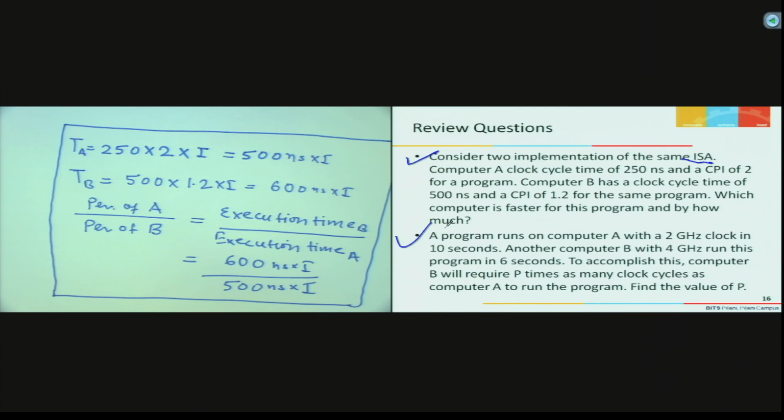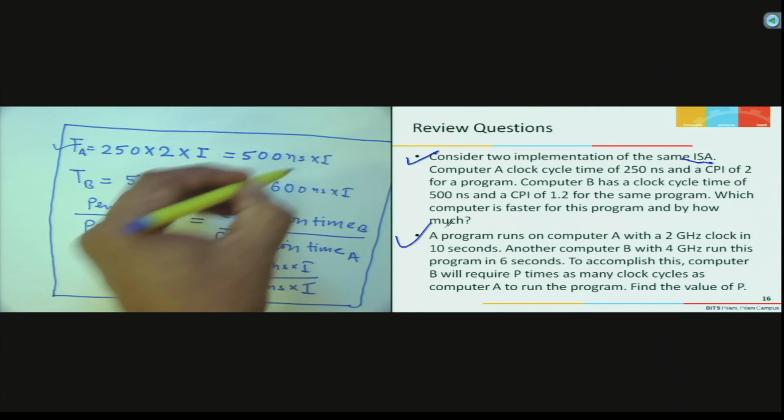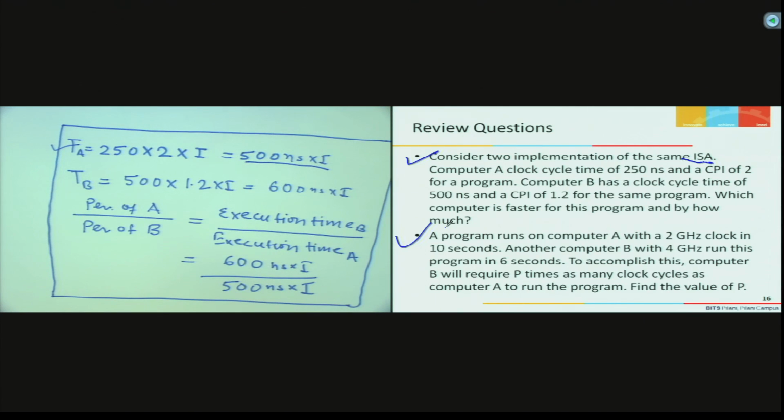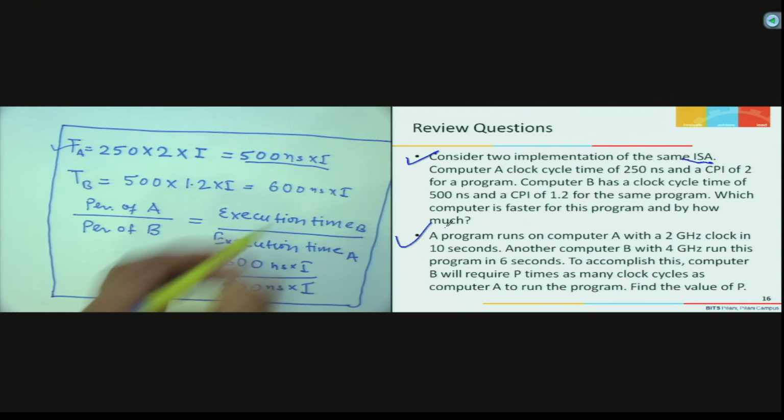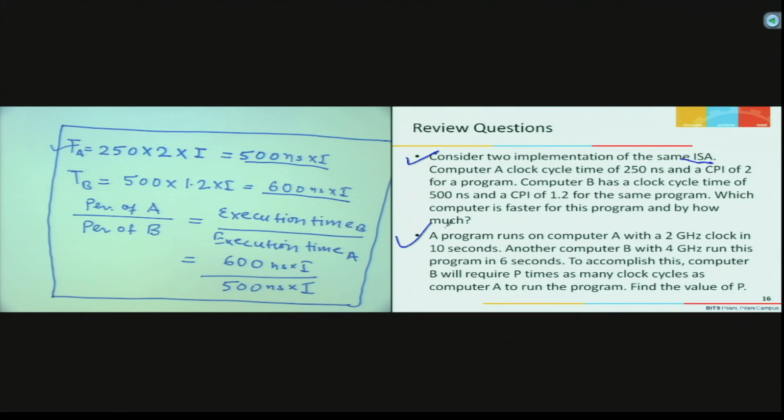To find out the performance difference between these two computers, first we will calculate the execution time for computer A. The cycle time is given as 250 nanosecond, CPI is 2, and the number of instructions in the program, let us assume, is I. So, it gives me 500 nanosecond times I. For the second computer B, the cycle time is 500 and the average CPI is 1.2, and the number of instructions is I because both programs are the same. So, it gives me 600 nanosecond times I, that is the execution time.